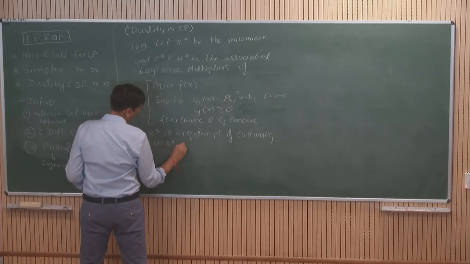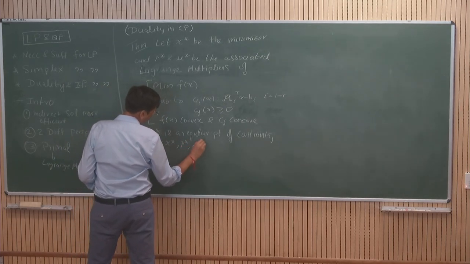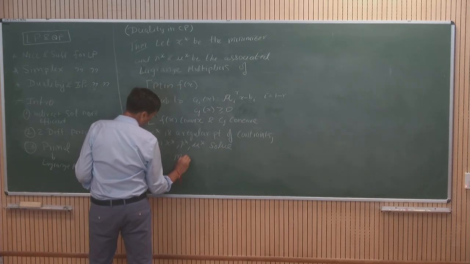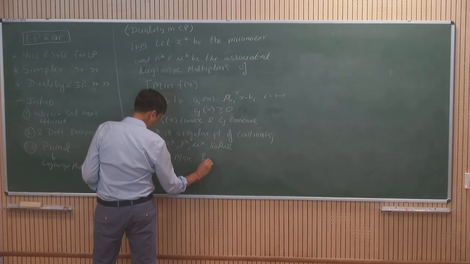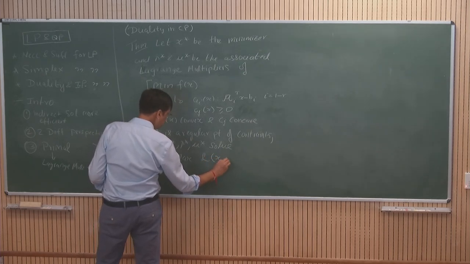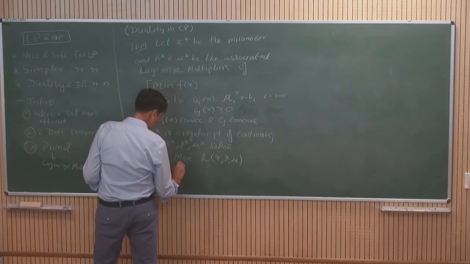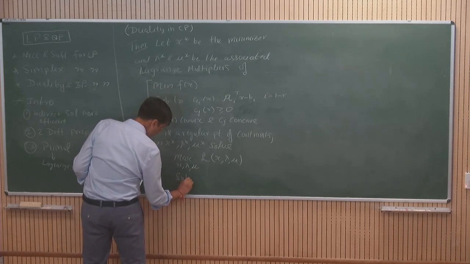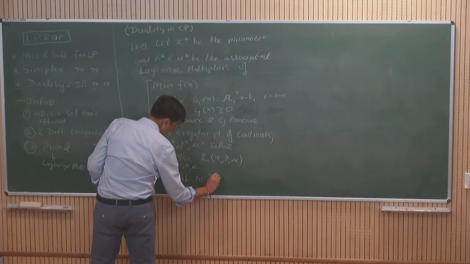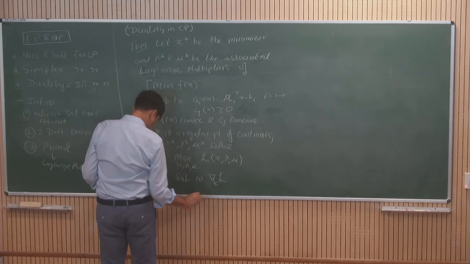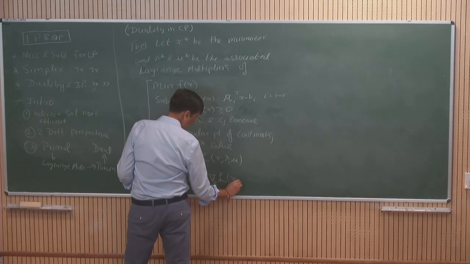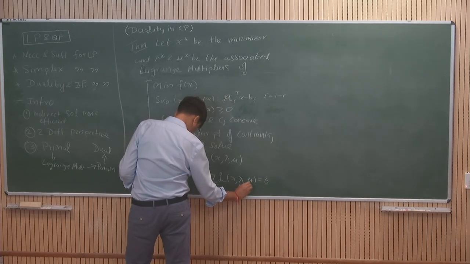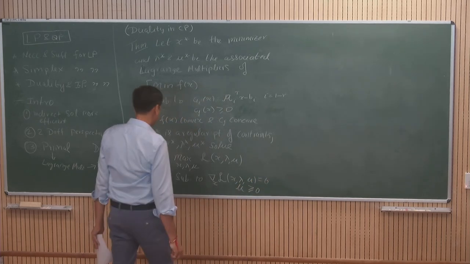x star, lambda star, mu star solve the dual problem, which is given by maximizing the Lagrangian with respect to x, lambda, mu, subject to gradient of the Lagrangian with respect to x equal to 0 and mu greater than equal to 0.